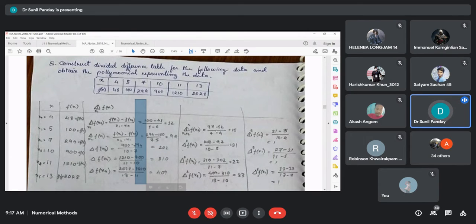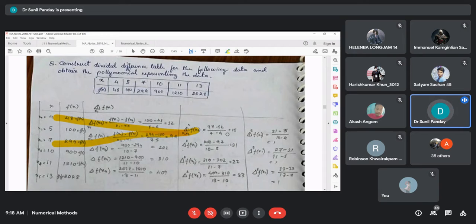Now to calculate the second order, we know that in the second order difference we require the first order differences of the last two, minus the first order difference of the first two. Here we have three variables x0, x1, x2. So it means 97 minus 52, divided by the third value, this x2 value, 7, minus this. You can go diagonally like this, 7 minus 4.